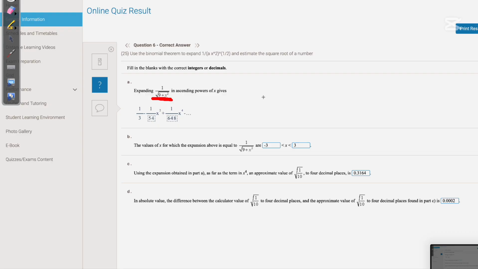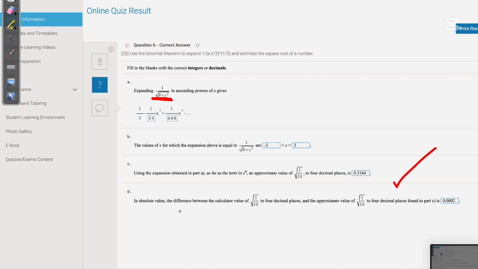So when we substitute x by 1, we're going to do 1 over 3 minus 1 over 54 plus 1 over 648. You get 0.3164.